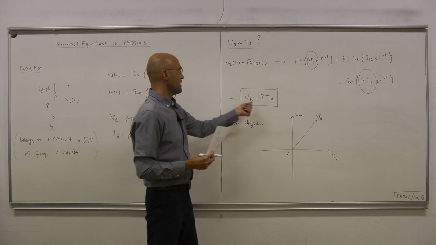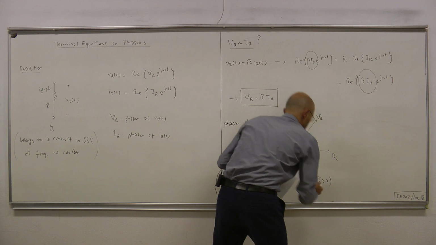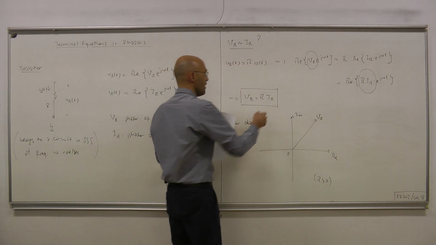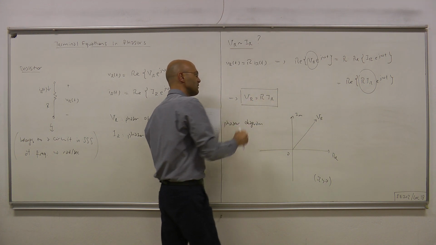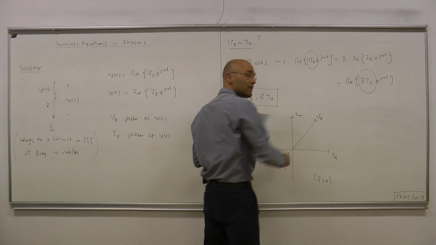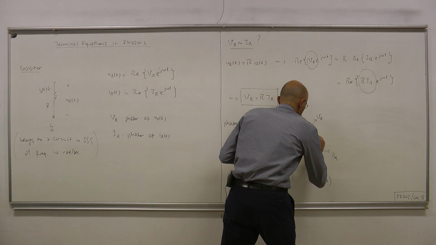Now this says that for a passive resistor, that is, the resistance is positive, IR should be a scaled version of VR. In other words, IR should be somewhere on that half line. Let's say it's here.